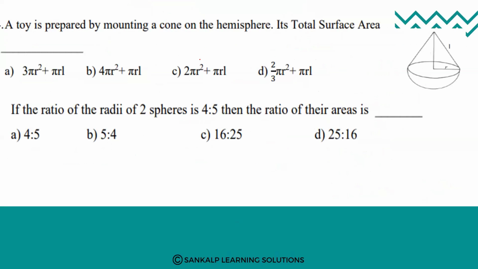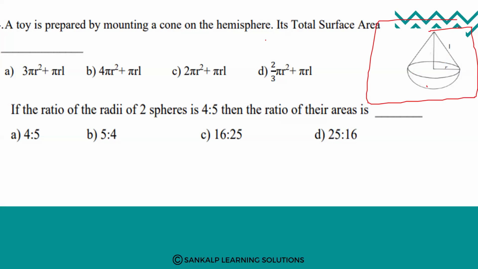Next one. A toy is prepared by mounting a cone on a hemisphere. Its total surface area is, so here a toy is prepared by mounting a cone on the hemisphere. That means the total surface area of this toy is the curved surface area of the hemisphere plus the curved surface area of the cone.